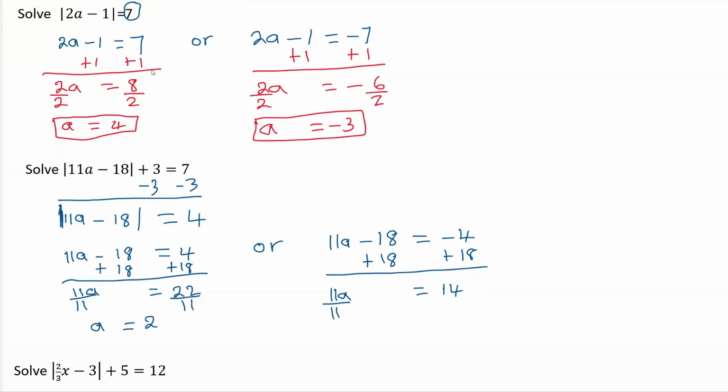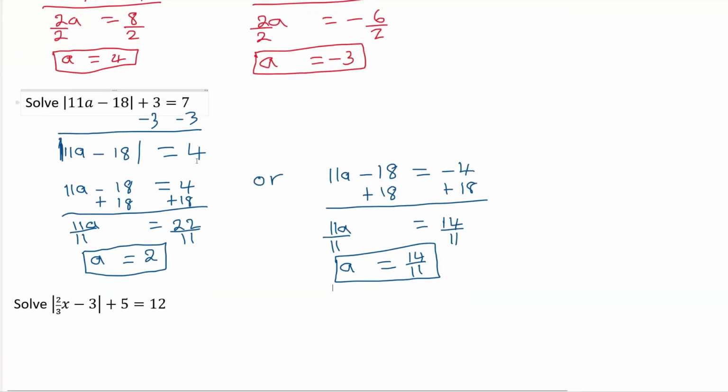Now we divide by 11 to get that a is equal to 14 over 11. So our two solutions are a equals 2, or a equals 14 over 11.